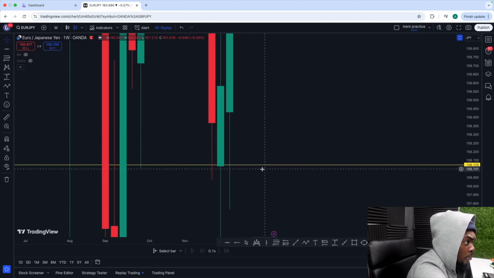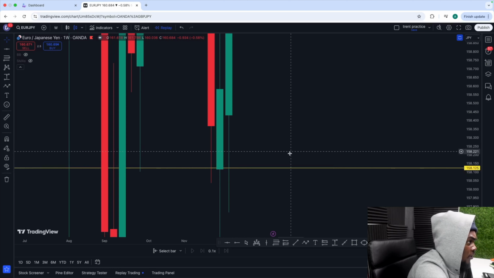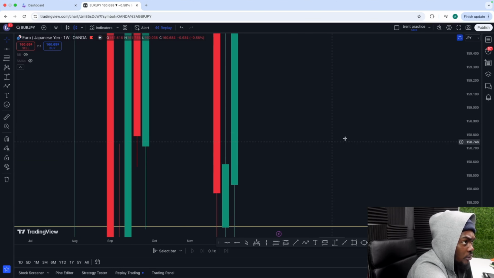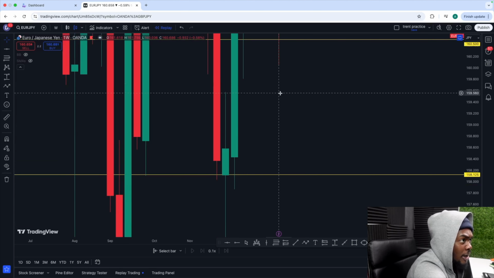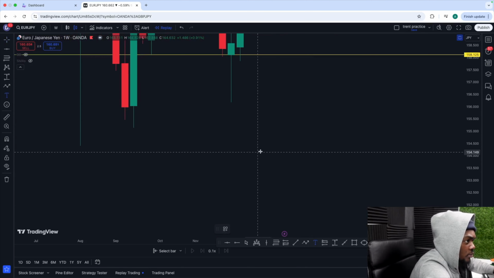So I can even use a minor QP, which is the 125, or the major, which would be the 500. So let's identify the minor and the major QPs for a second.